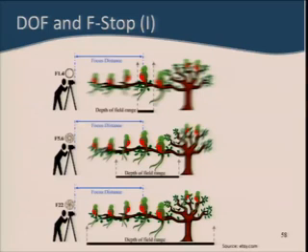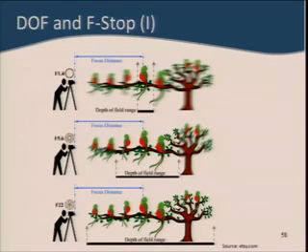So what's the relationship between depth of field and the aperture setting? Early on, I already explained this, but this slide gives you the complete picture. If you use a small f-stop number, that means your aperture opening will be large. If you have a large aperture opening, then your depth of field will be small.